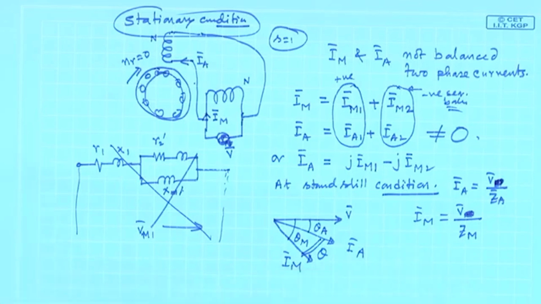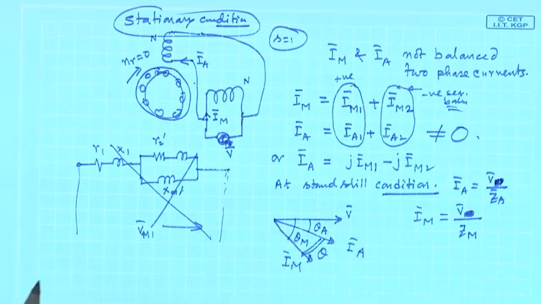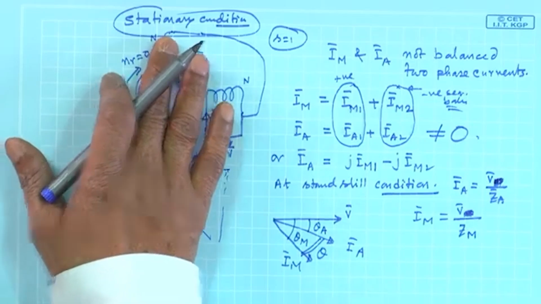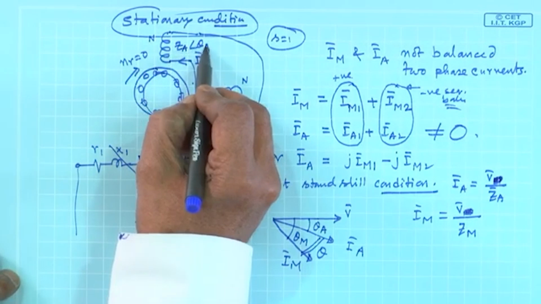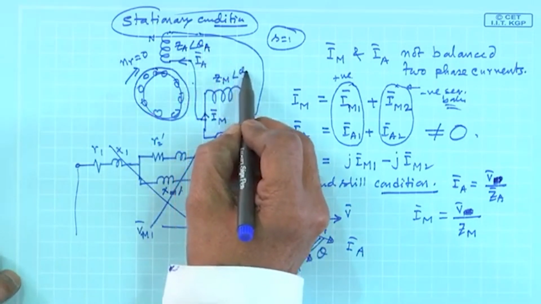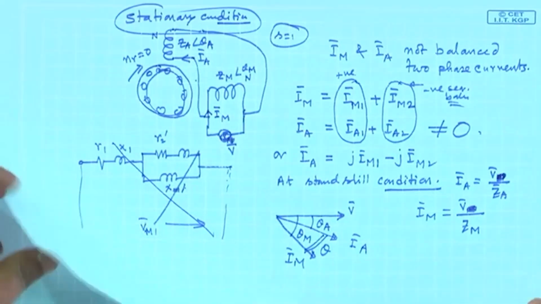If you see that I bar M and I bar A have the same power factor angle, then it will not give you any starting torque, that we will see. But the point is, the auxiliary winding offers an impedance Z A at angle theta A, and the main winding impedance is Z M at angle theta M. That will be the case.